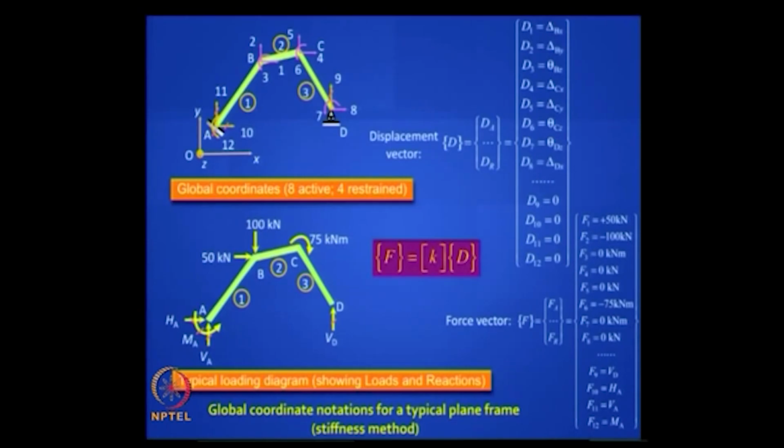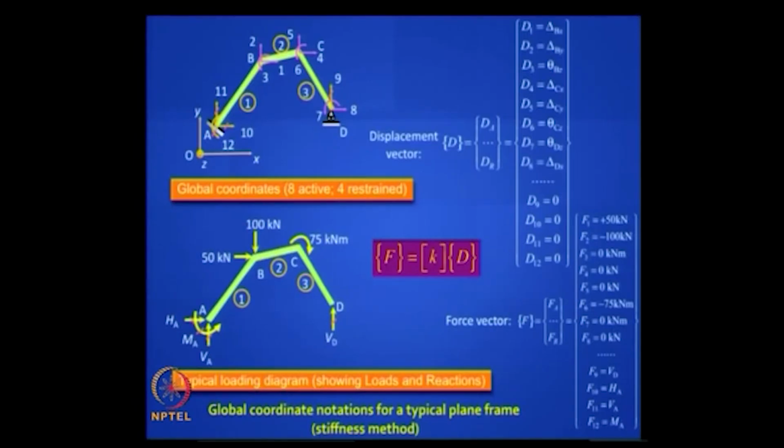Now we also recognize that there is something called a stiffness matrix for the entire structure. If on account of that loading I have a displacement vector d, then the force vector that caused that displacement vector must be F, and they are related by the equation F equal to kd.